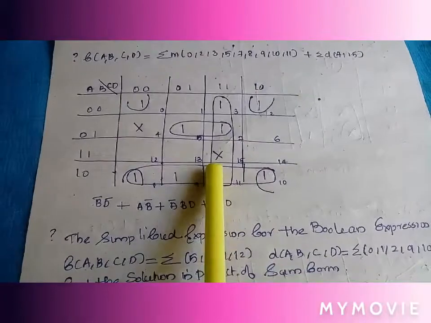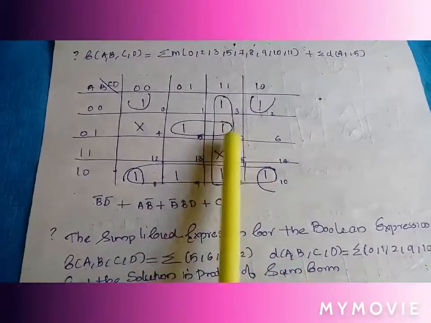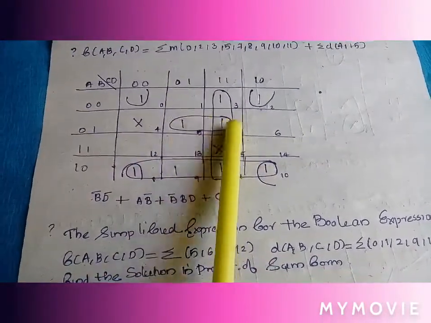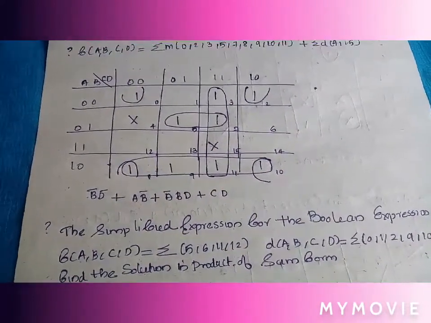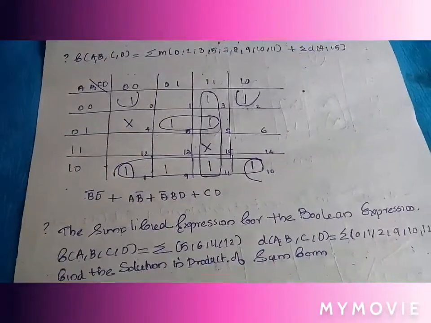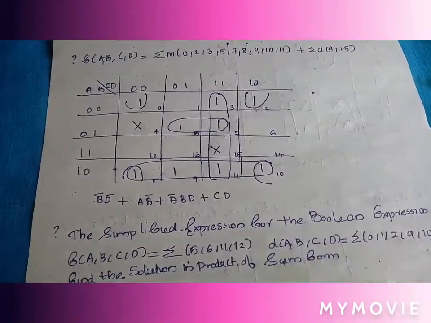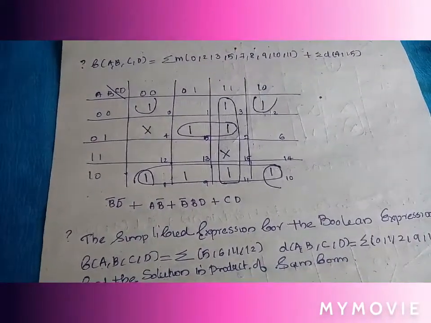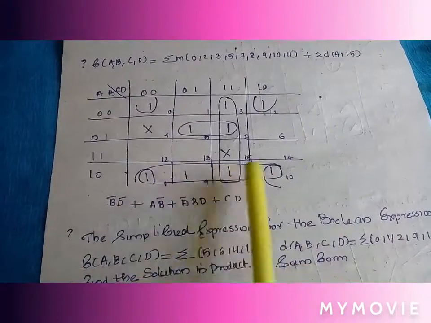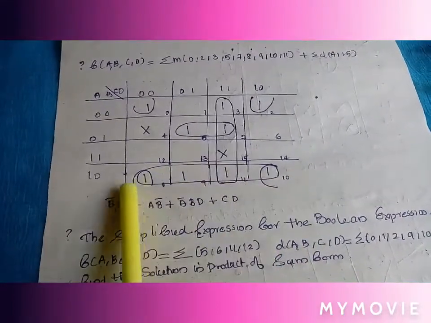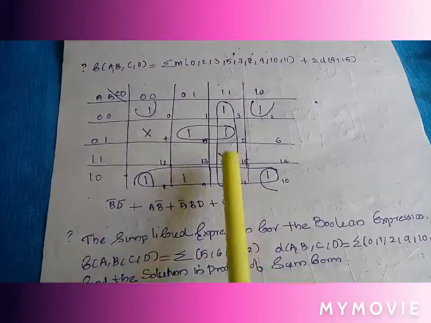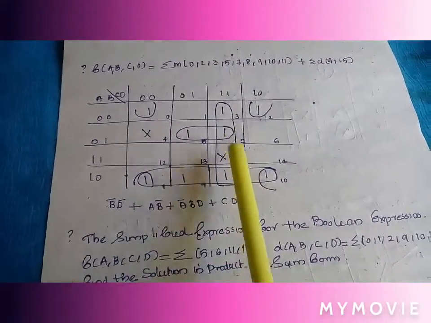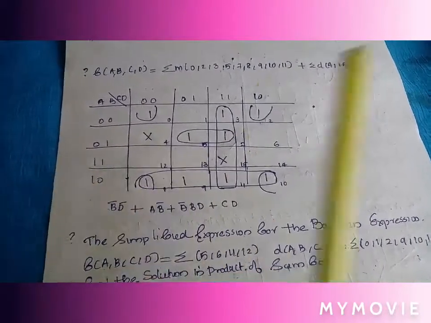Here we can use this don't care for this quad, and here also a pair. We didn't use this don't care because a 3-element group is not possible. So we get the answer: the corner group B bar D bar, this quad A B bar, this quad C D, and this pair A bar B D.